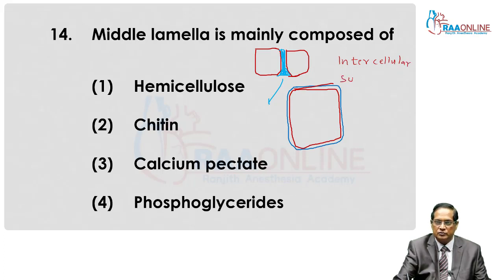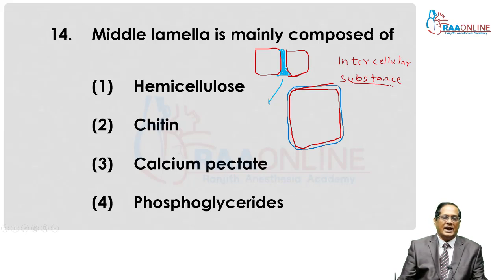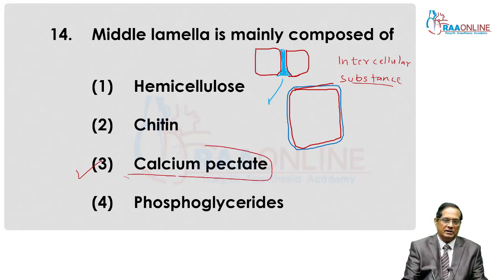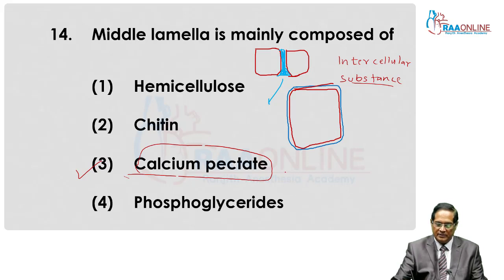It firmly fixes to adjoining cells, so it's an adhesive material. If it is dissolved, cells get separated. Its chemical composition is calcium pectate, the main ingredient of the middle lamella.